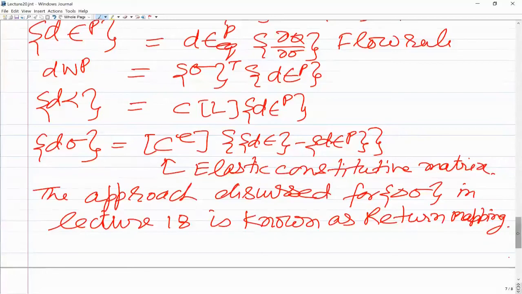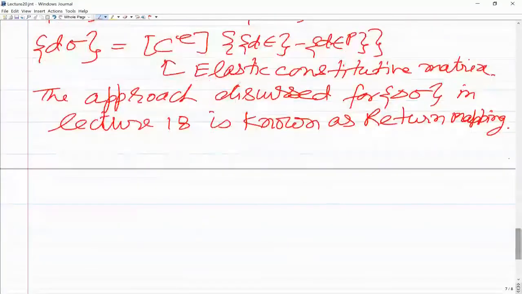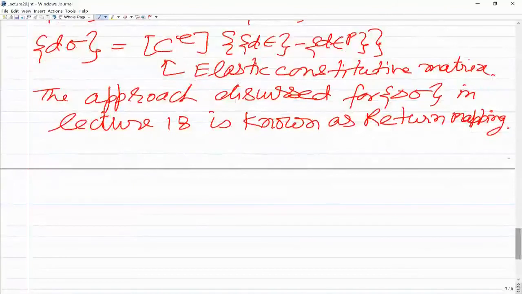Now there is a simpler approach to calculate the stresses, that is known as the forward Euler integration, which is an explicit technique. So let me also tell you how to do it using this technique. One is what we have already discussed based on lecture 18, the algorithm I have discussed. So you can do the calculation based on that. There is another approach, which is known as forward Euler integration.